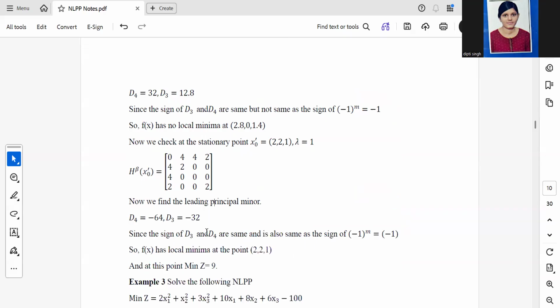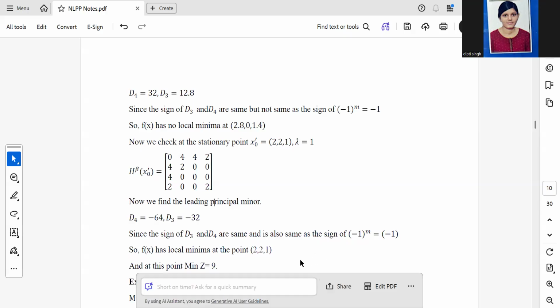Since the signs of D3 and D4 are the same, and also the same as the sign of minus 1 to the power m, which is negative, the function has a local minimum at the point 2, 2, 1. I think it is clear to you.